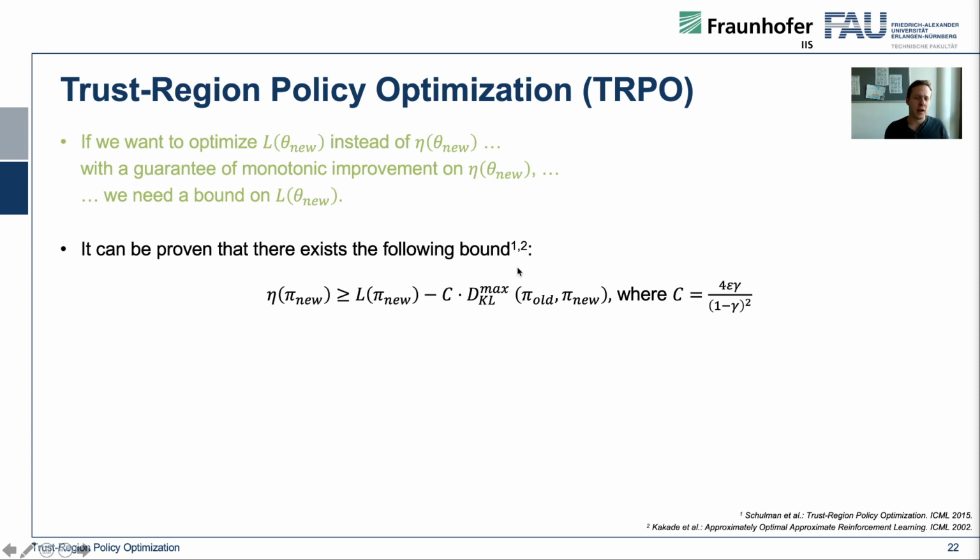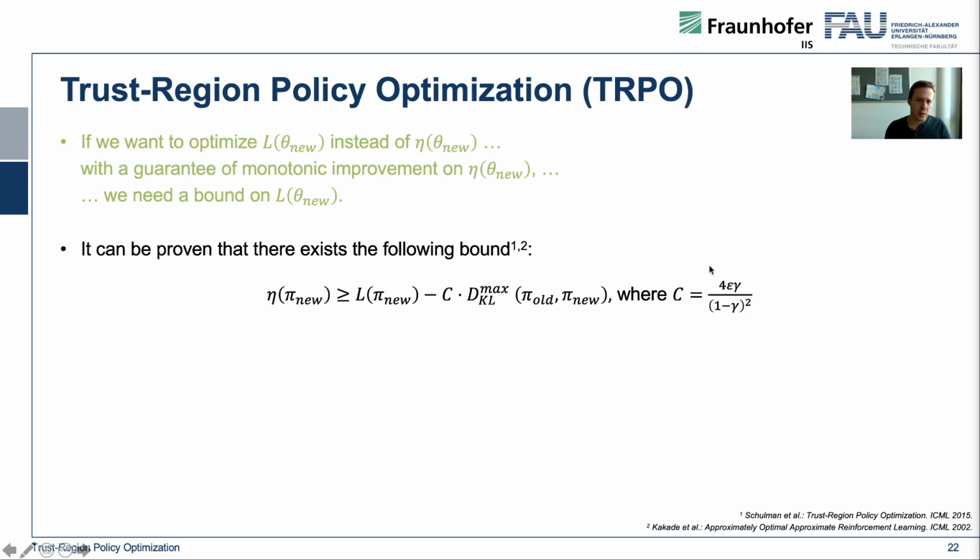So basically what this means is that we can prove that there is a bound: our local approximation of the expected return of our new policy minus the KL divergence between the old and the new policy is bounded by a parameter C, which is defined like this.